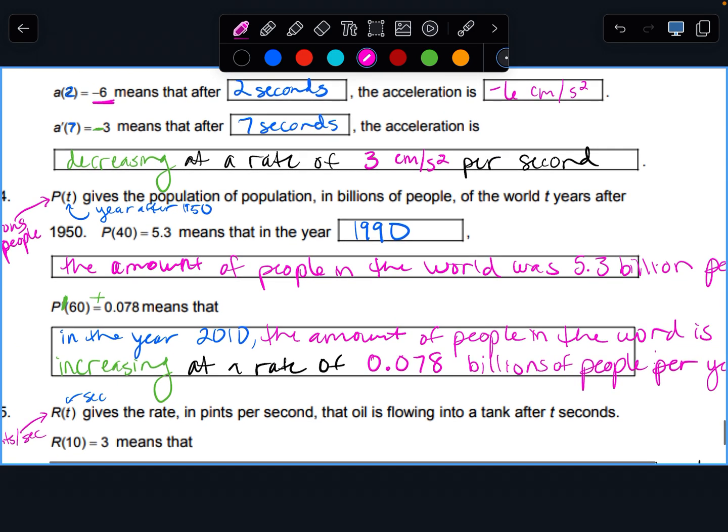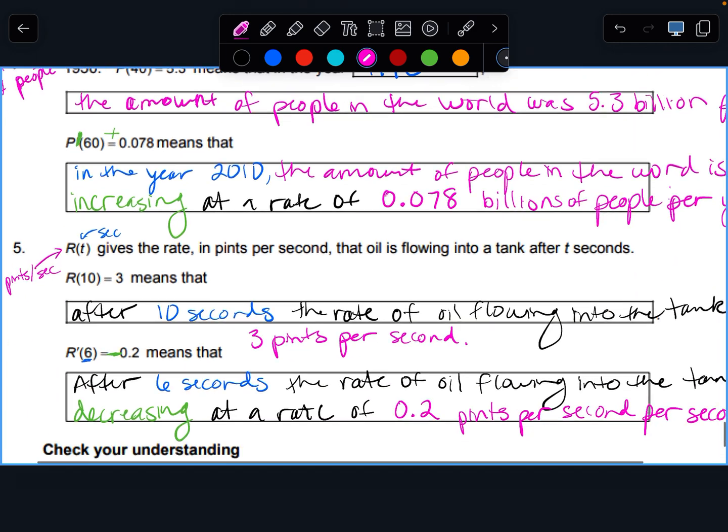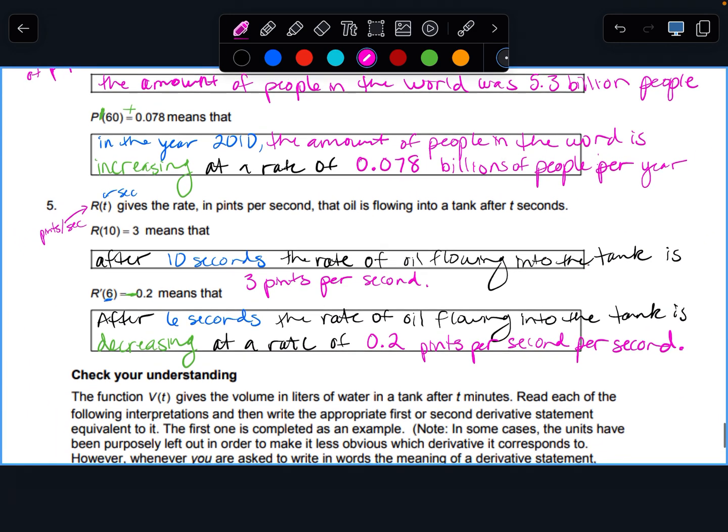This one, in the year 1990, because it's saying after 1950, the amount of people in the world was 5.3 billion people, right? And then the derivative: in the year 2010, the amount of people in the world is increasing at a rate of this many billions of people per year. And last but not least, after 10 seconds, the rate of oil flowing into the tank is 3 pints per second.